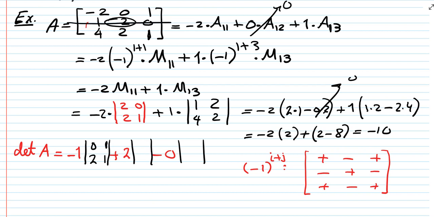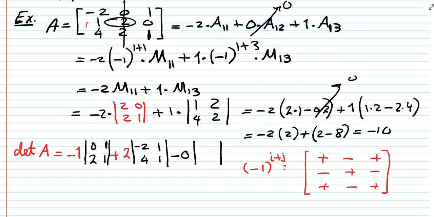You delete the row and you delete the column in which 2 appears. The remaining numbers are -2, 1, 4, 1. And then this was minus. The element is 0. We're about to do the determinant of that.